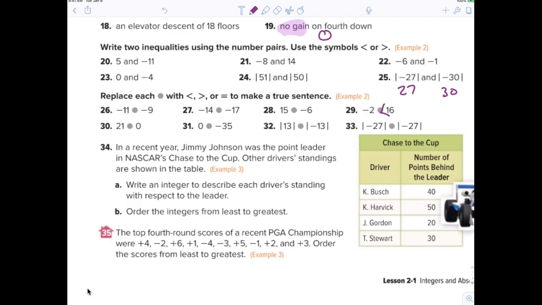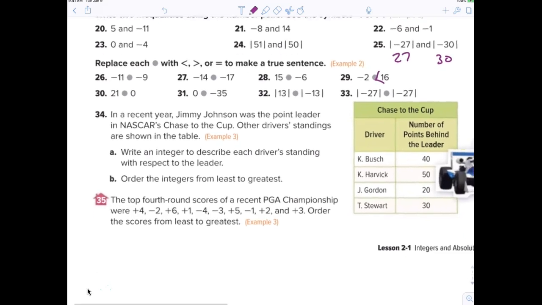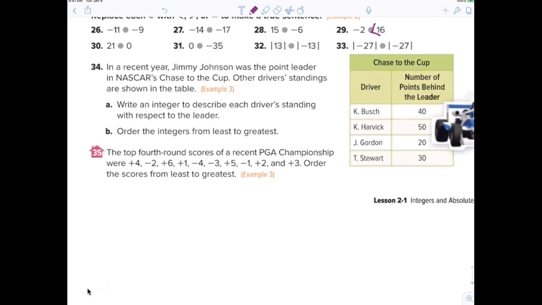It says, in a recent year, Jimmy Johnson was the point leader in NASCAR's Chase for the Cup. Other driver standings are shown in the table. Write an entry to describe each driver's standing. Bush is negative 40.